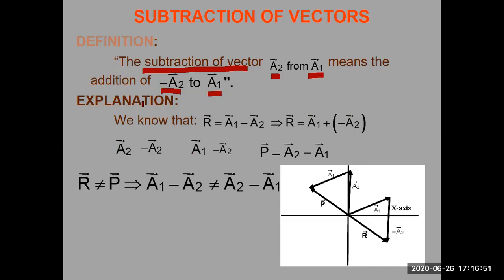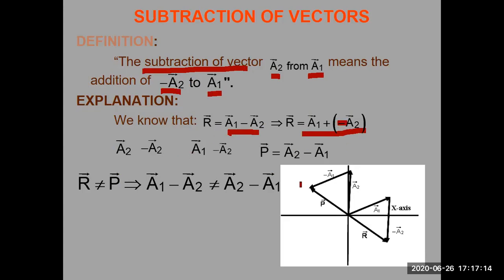The sign of the vector which is to be subtracted from the other is changed. Suppose you are subtracting a vector a2 from a1, you change the sign of the vector a2, and the resultant is written as a1 plus minus a2, because you have changed the sign.